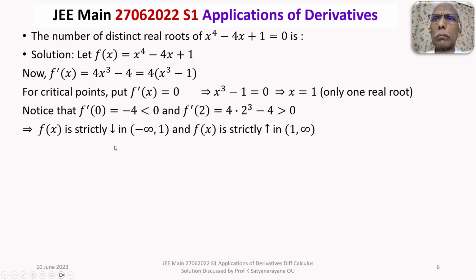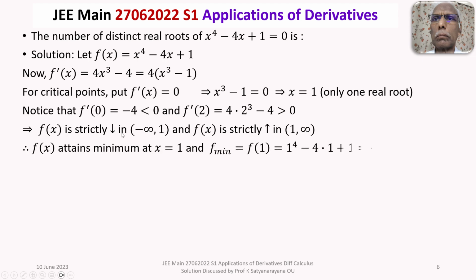So f of x strictly decreases in the interval minus infinity to 1 and strictly increases in the interval 1 to infinity, and hence f of x attains its minimum at x is equal to 1. The minimum value of f is given by f of 1, that is, wherever there is x you substitute 1. So 1 to the power of 4 minus 4 into 1 plus 1, that is equal to minus 2. So the minimum value is minus 2.